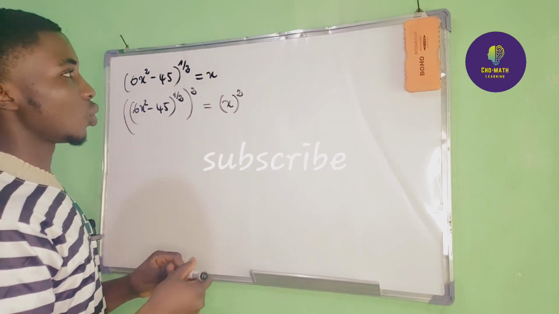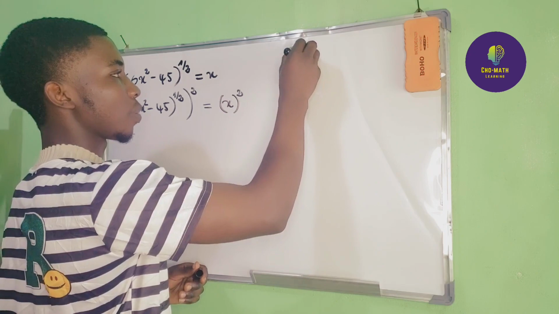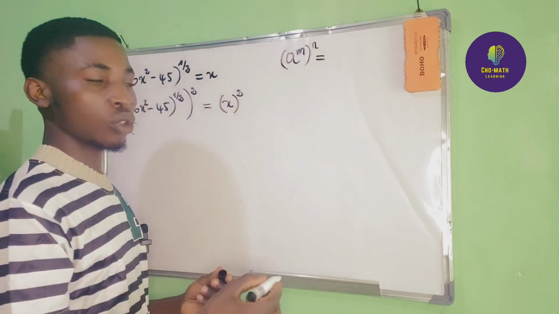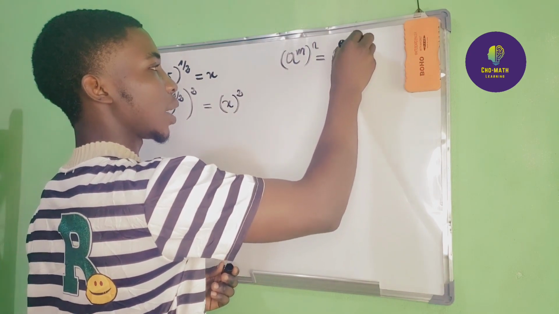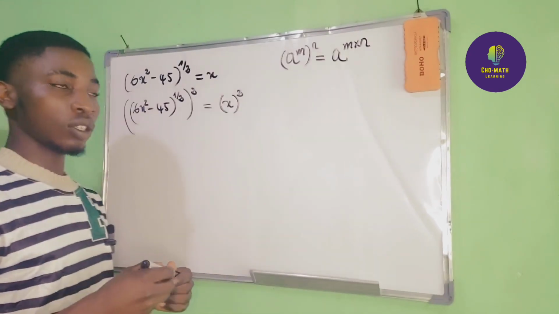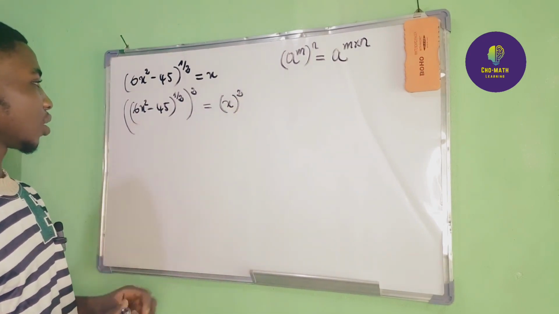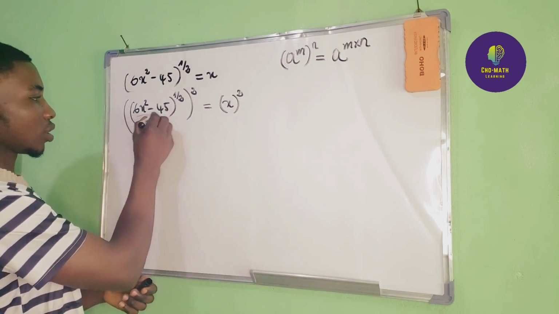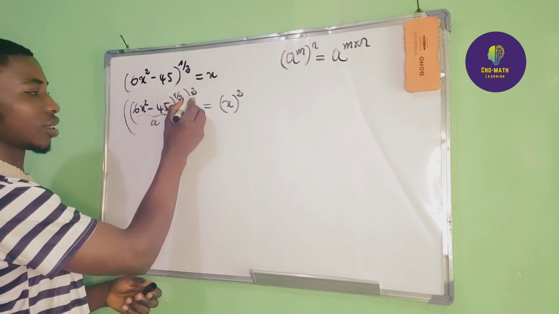So at this level, we know that if you have a to the power m, all this to the power of n, this is equal to a to the power of m times n. So we're going to apply this formula. This is a, this is m, and this is n.